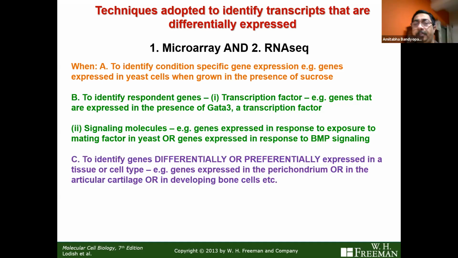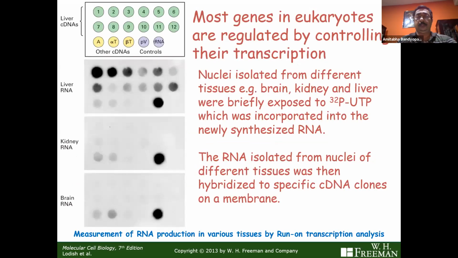Historically the methods have evolved several times, from rather complex ways of doing it to relatively more simpler ways of doing it. I will skip some of the earlier methodologies, and I would rather focus on the more recent methodologies.